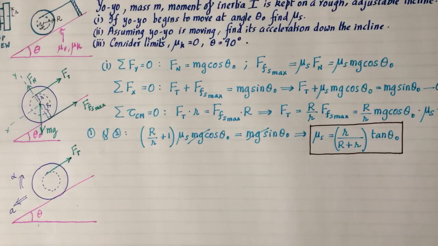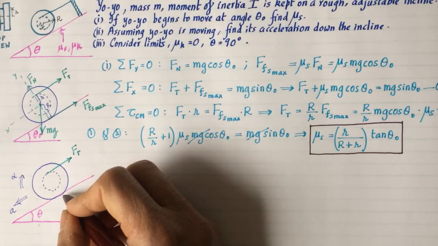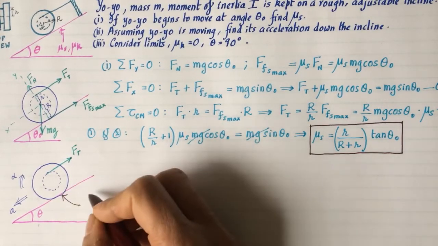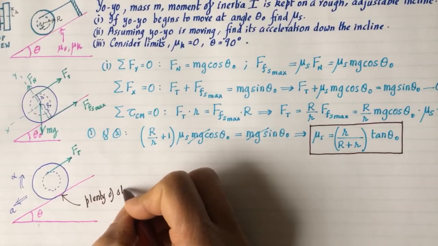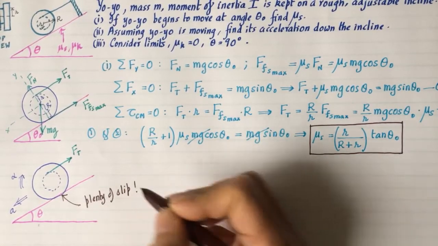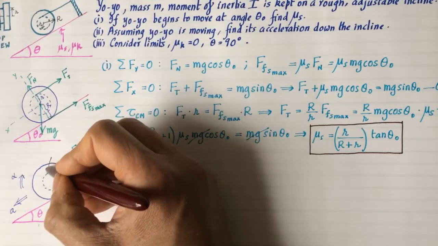Now, what is the relationship between a and alpha? You would be wondering, how can we use the no-slip condition? Because slipping is how it gets down. There's plenty of slip here. But there's no slip here.